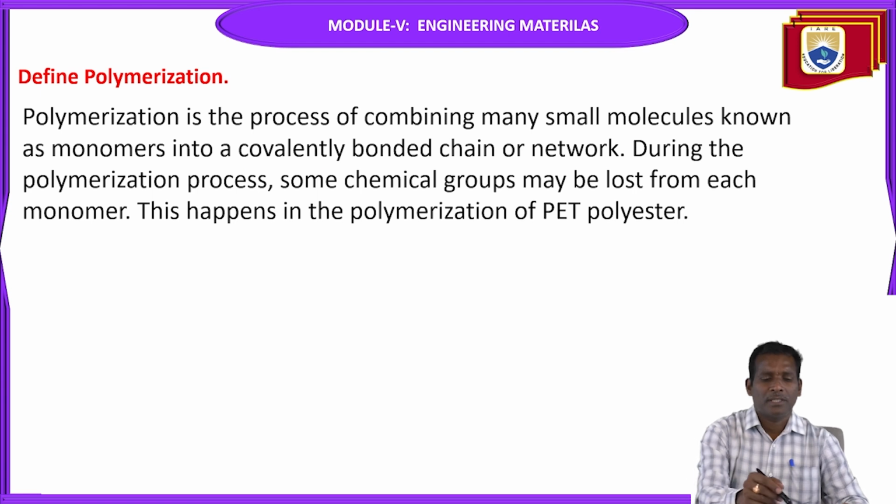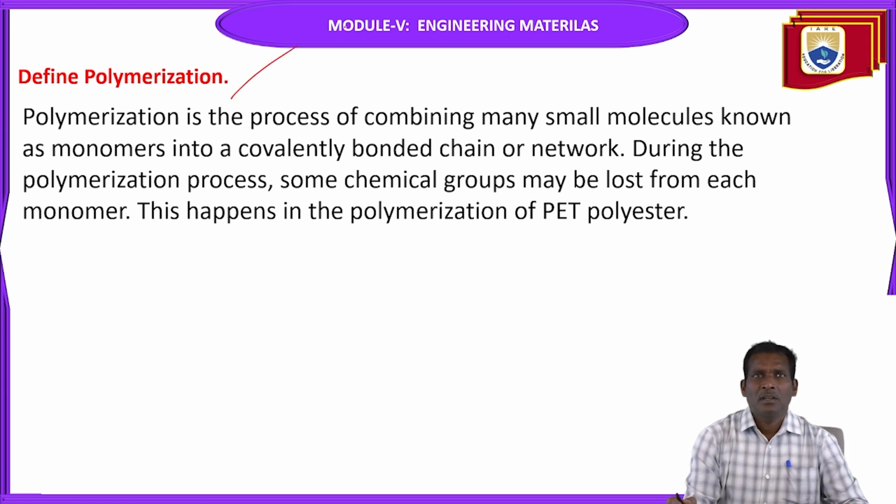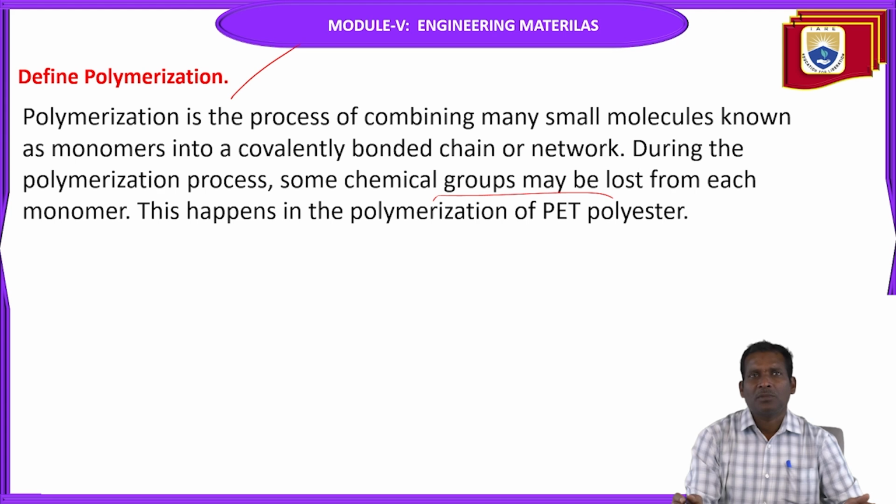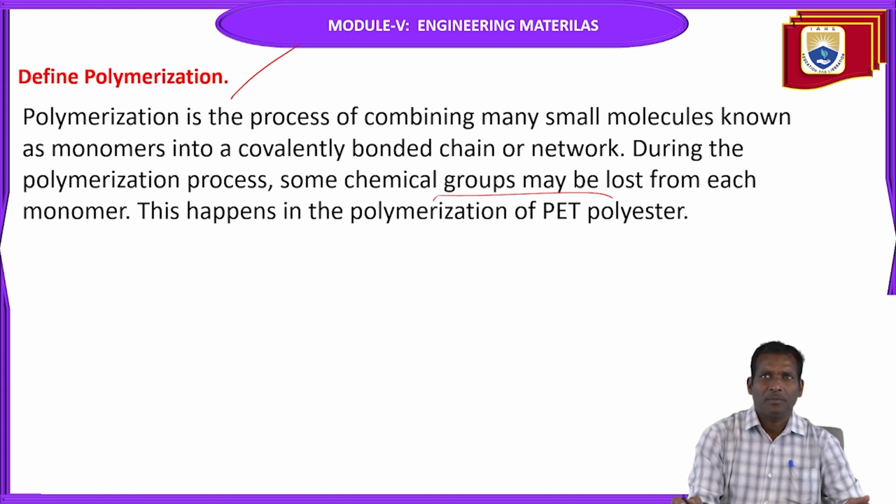So define polymerization. Polymerization is the process of combining many small molecules known as monomers into a covalently bonded chain or network. During the polymerization process, some chemical groups may be lost from each monomer. This happens in the polymerization of PET polyester.